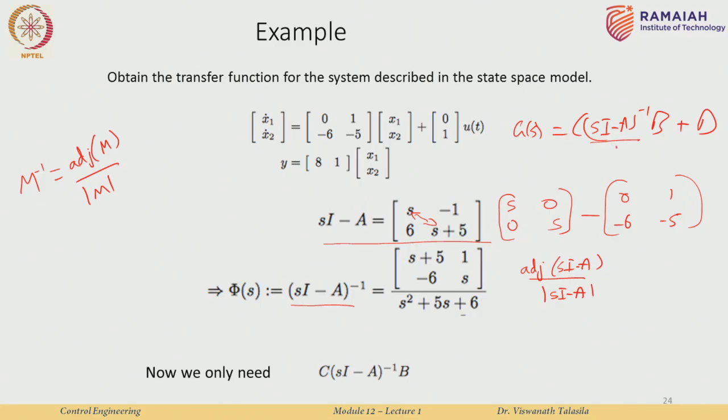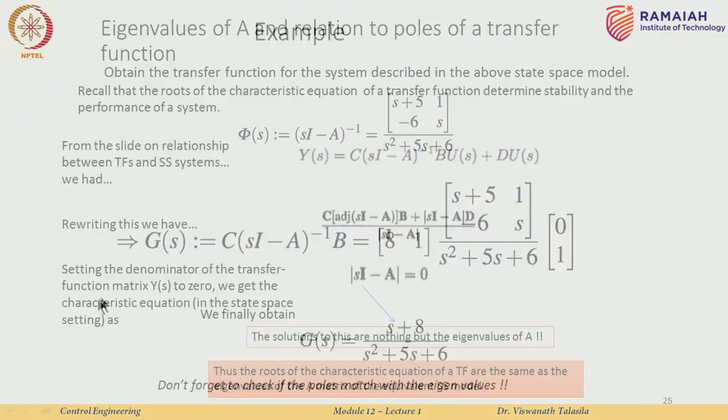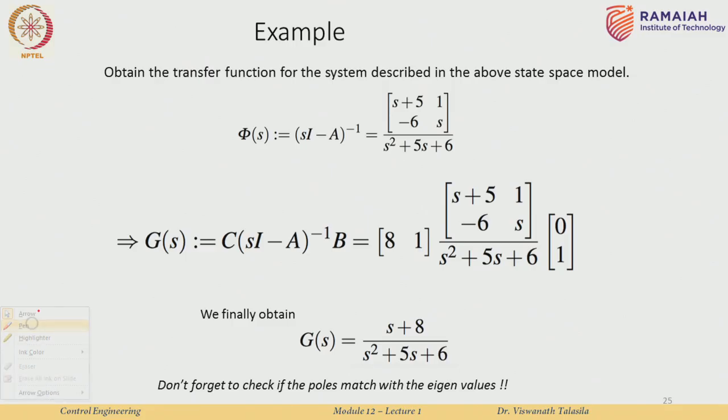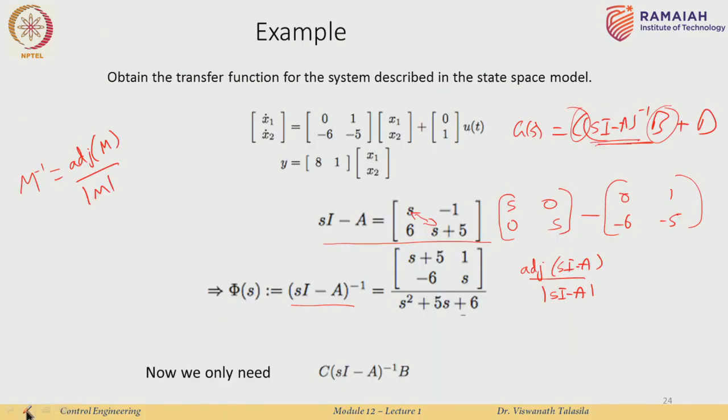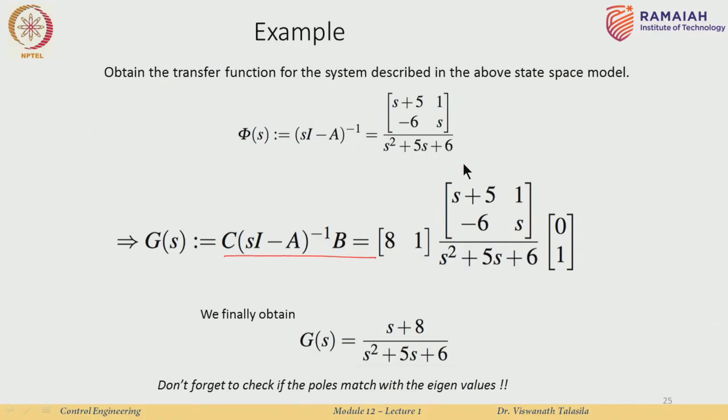Now, to sI minus A inverse, we need to pre-multiply with C and post-multiply with B. So when you do that, this is the expression over here. Remember in our particular example, D over here is equal to 0, so the D term does not exist.